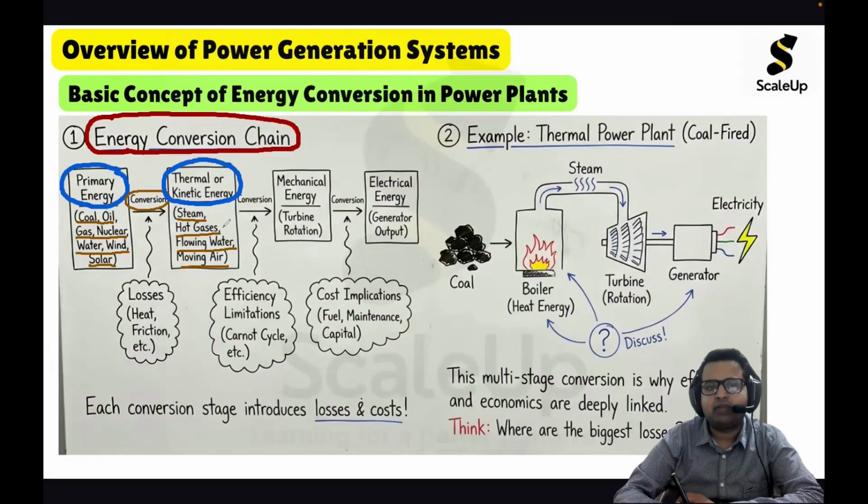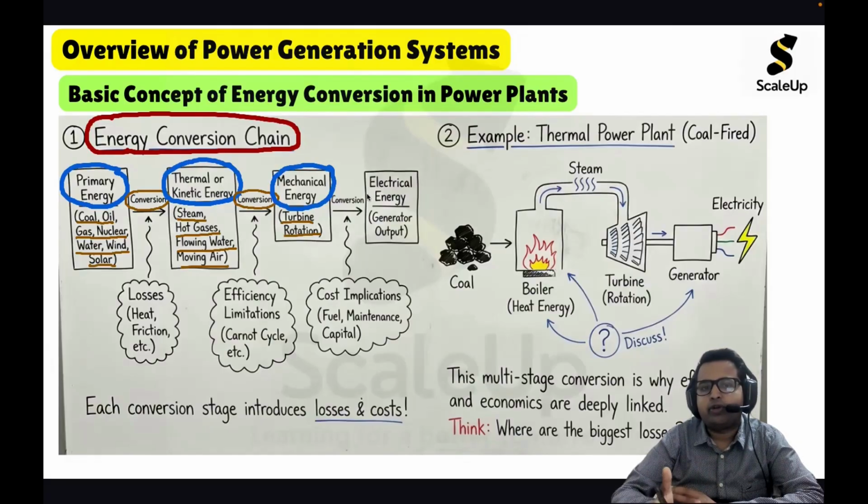So this is the thermal or kinetic energy we got, and then we convert the thermal or kinetic energy into mechanical energy, wherein we use that energy to rotate turbines.